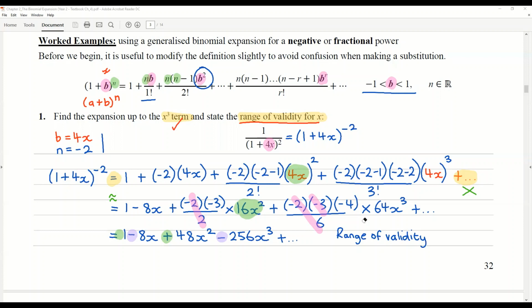So whatever your b is, the b value has to be between -1 and 1. So in my case, or in your case as well, it's got to be all the 4x values between -1 and 1. Now, to get the x values, we're going to need to divide our inequality by 4. So, i.e., anything from -1/4 up to 1/4. And there is the range of validity.